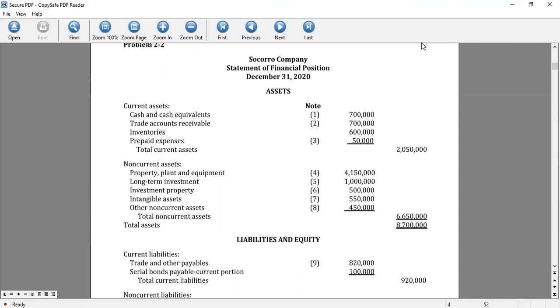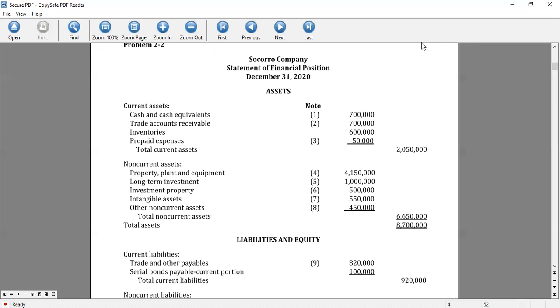Then followed by inventories of 600,000 and prepaid expenses of 50,000. So we have excluded the amount of land held for undetermined use of 500,000.